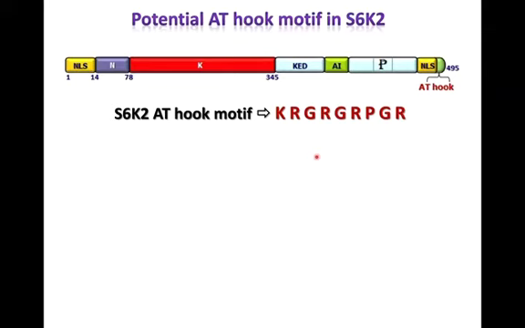So we need to detect if this phosphorylation happened in vivo. Another problem during proving this principle is that S6K2 might migrate to the nucleus, but it may do another job.